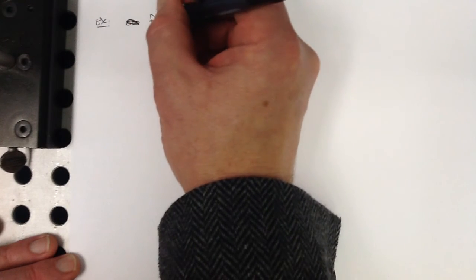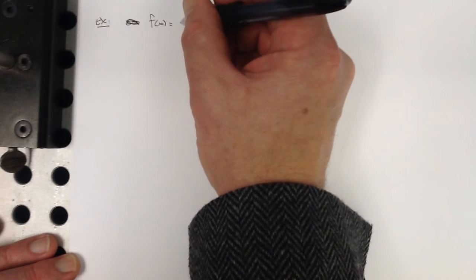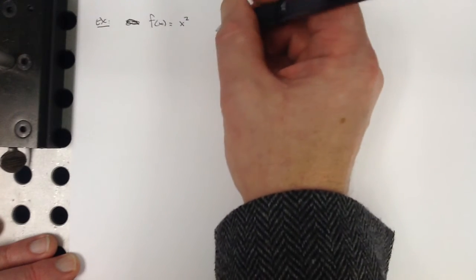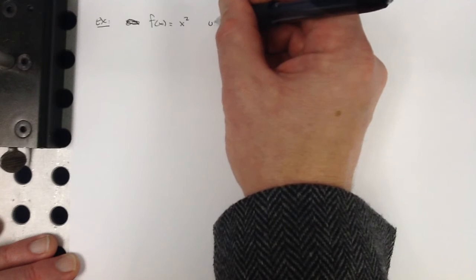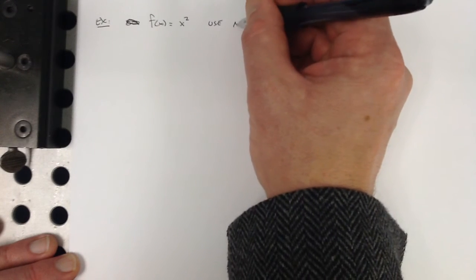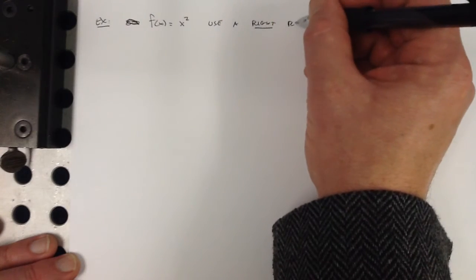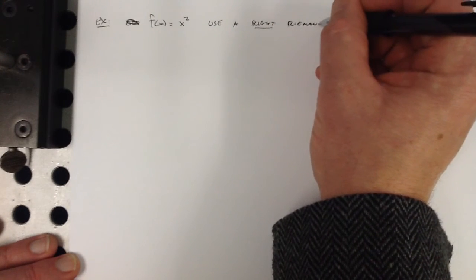So let's say we have f of x equal to x squared. And we're supposed to, let's use a right Riemann sum. I'll tell you what that means in a second.